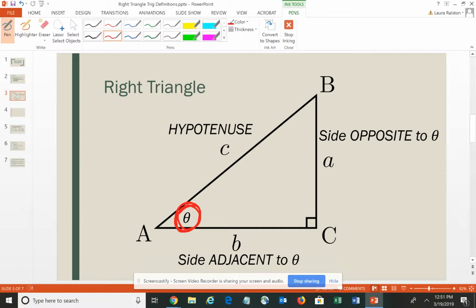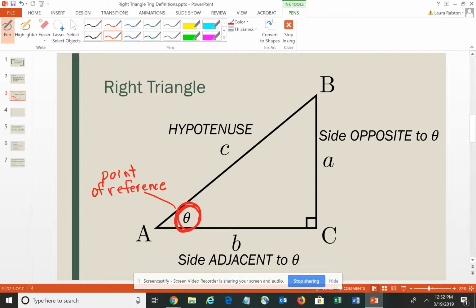That's probably the most common one, but there are other letterings that can be used. We could even use capital letter A to name the angle, but this angle becomes basically your point of reference. And so the sides and angles are all labeled using this particular angle as your point of reference.